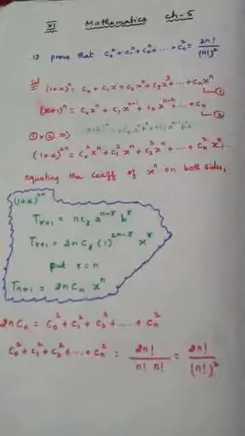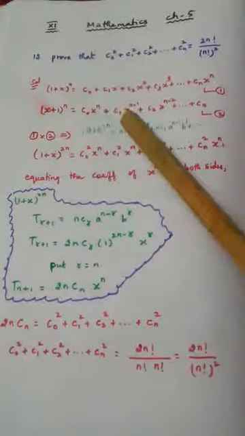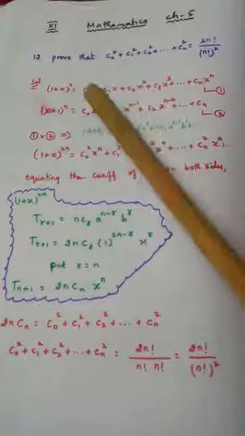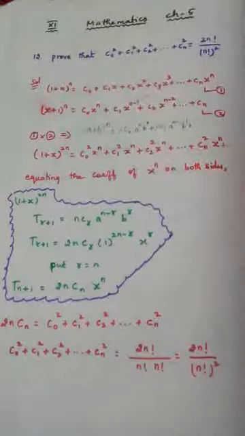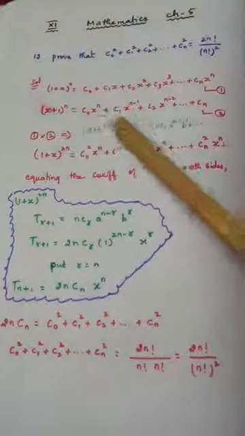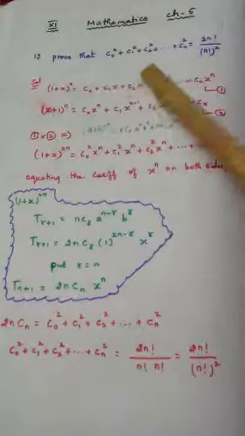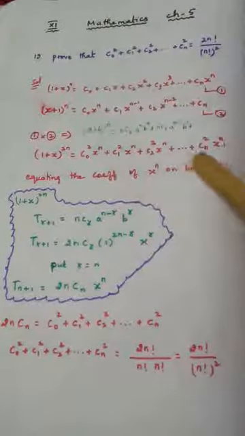Why? Because if C0 is taken to this, many terms will come, but I am just multiplying this and writing the answer here. Multiplying this and this, writing the answer. Multiplying this and this, writing the answer.